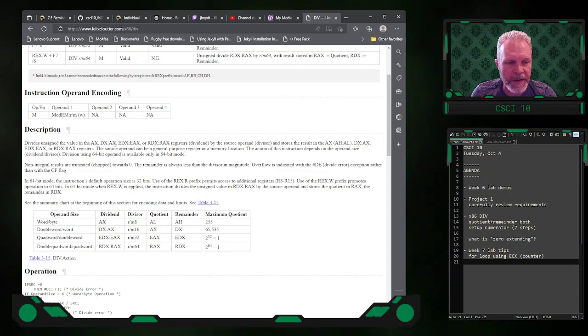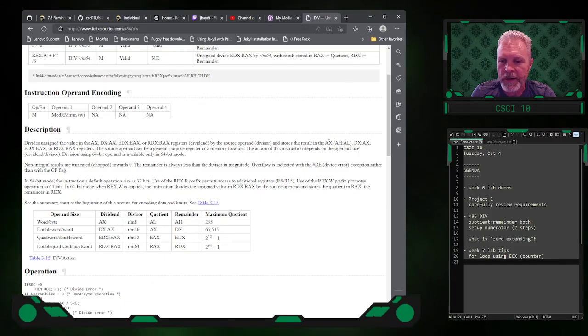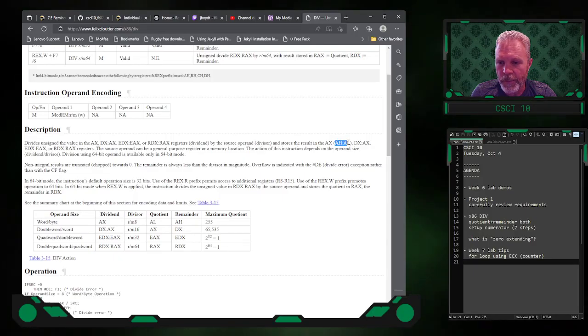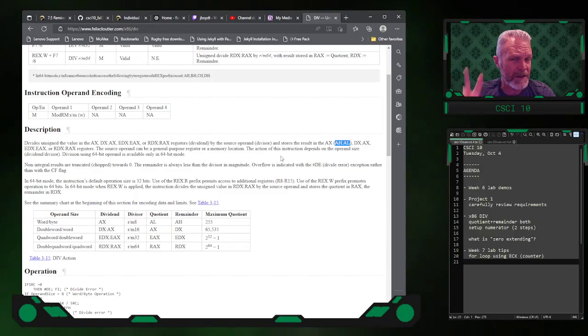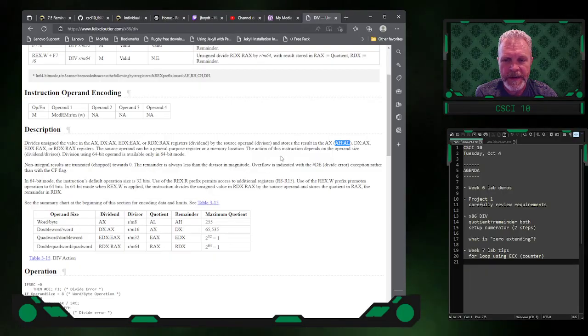Okay, so it divides a value in those registers by a source operand and stores the result. So notice when it says stores the result, for 8 bits, you actually get 2 results. One of the results is in AH, and the other result is in AL.